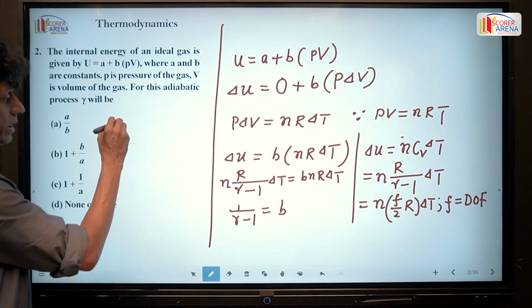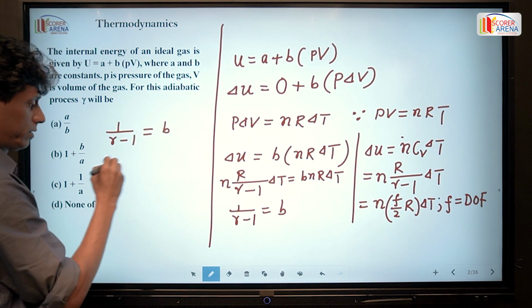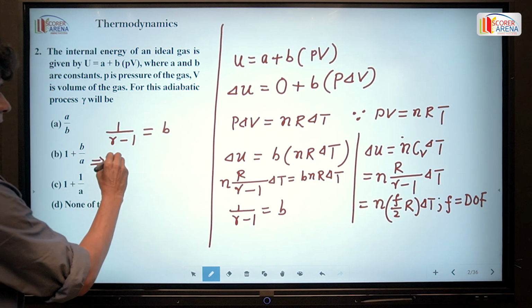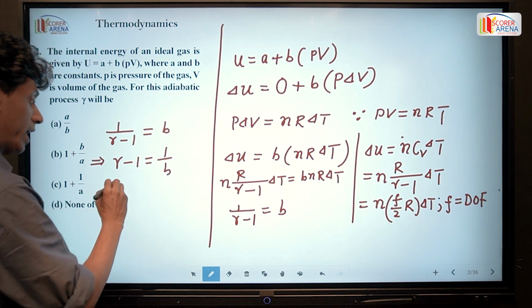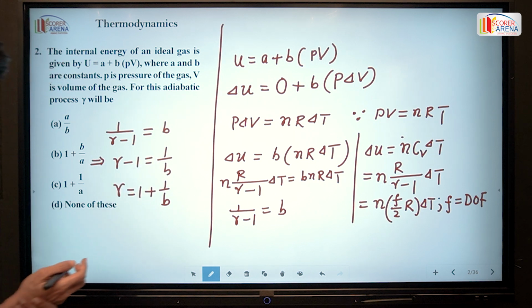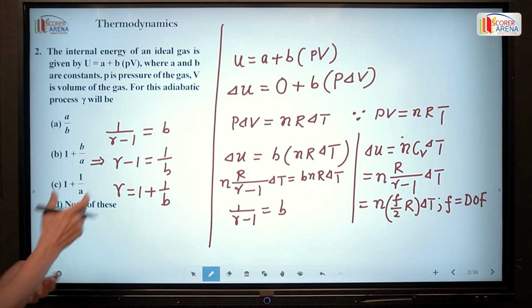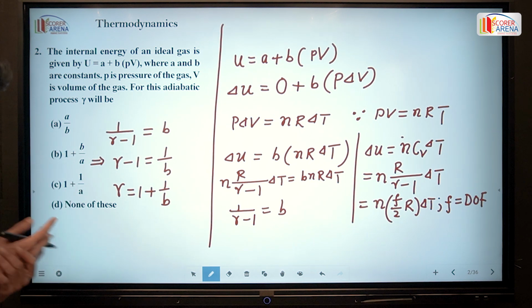So if 1 by gamma minus 1 is equal to b, by a simple process gamma minus 1 is the reciprocal of b, or gamma is equal to 1 plus 1 by b. So the right answer for the gas exponent for this process is gamma equal to 1 plus 1 by b.